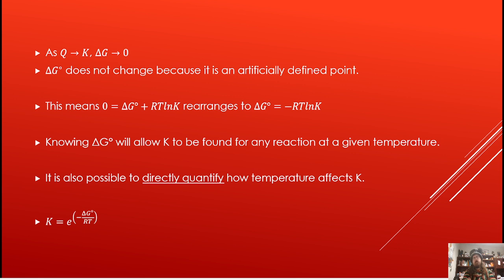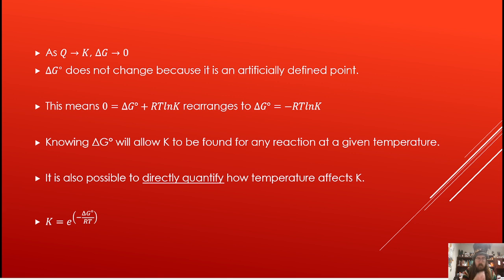Well, here, since we're looking at Gibbs standard, we can calculate Gibbs standard from enthalpy and entropy. You can find Gibbs standard at another temperature using delta H minus T delta S, which gives you the Gibbs free energy at any temperature. With that in mind, we can use that to find our RT ln K.